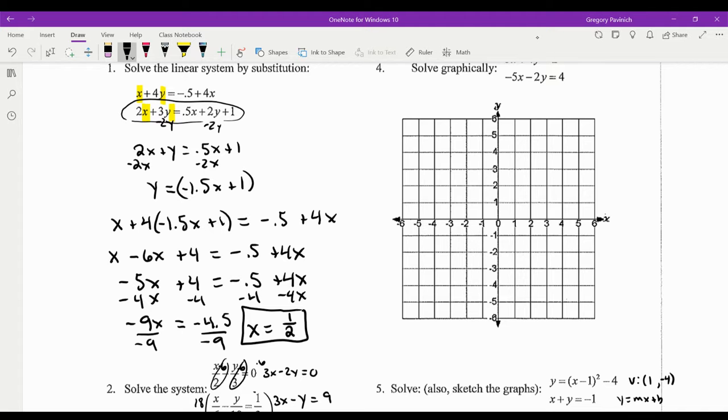Okay, my y by itself, I'm going to plug in 1/2. So I'm going to go back up to the best part about substitution: the other variable that you're solving for is already isolated by itself. So I'm going to write y is equal to negative 1.5 times 1/2 plus 1. Just going to plug that all into my calculator. I get negative 1.5 times 0.5.